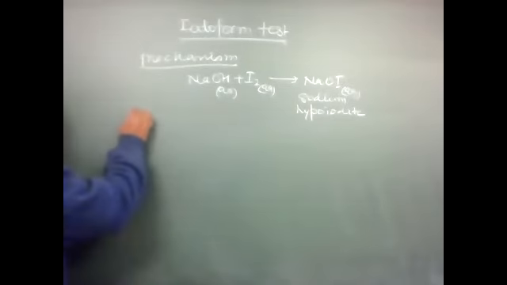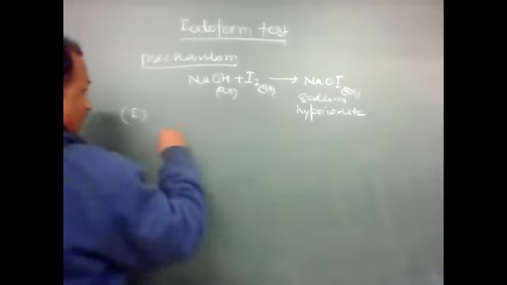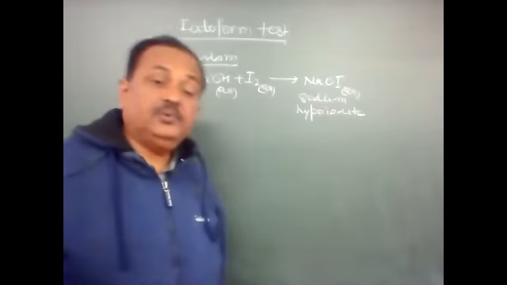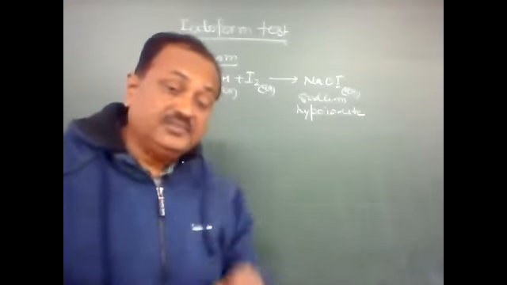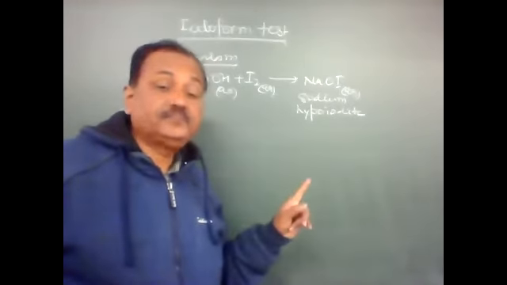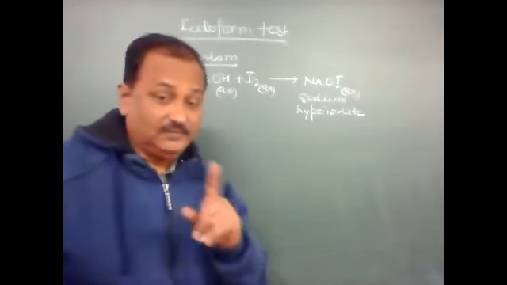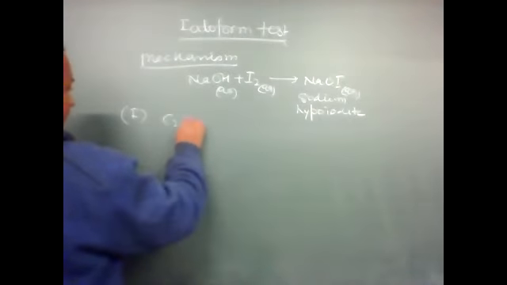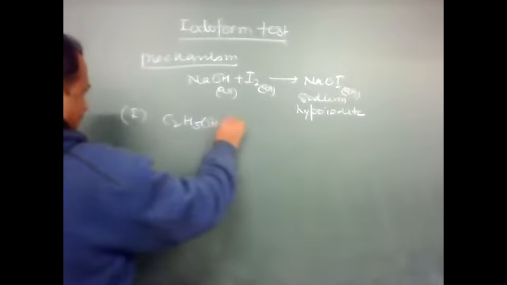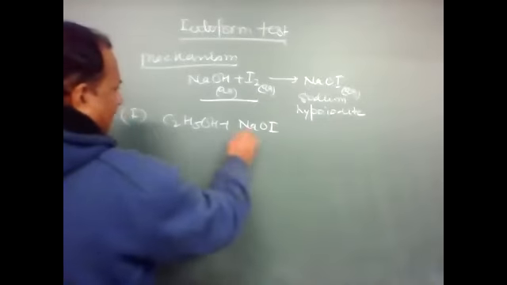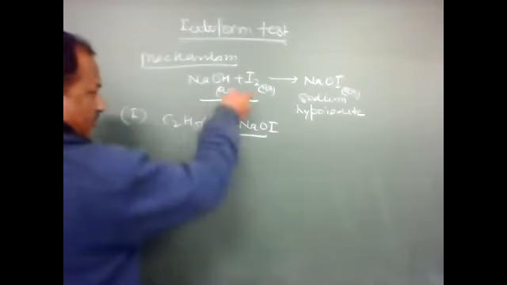Now, in the first case, there is oxidation. Actually, children, this sodium hypoiodide is an oxidizing agent also. So first it oxidizes the alcohol. If we take the alcohol, C2H5OH plus NaOI, in place of this you may write NaOH plus iodine.